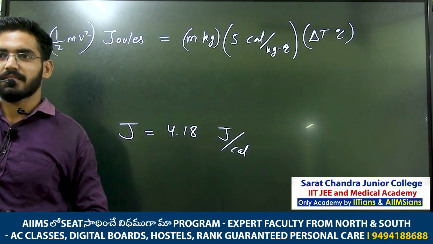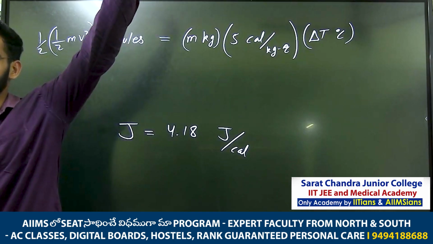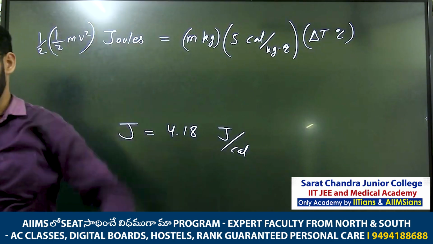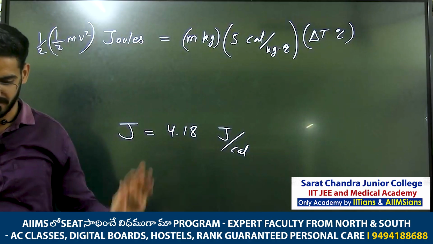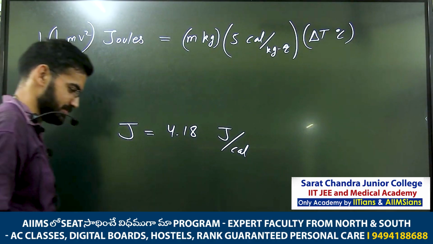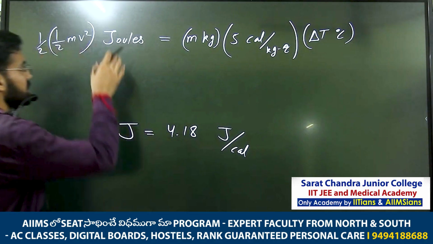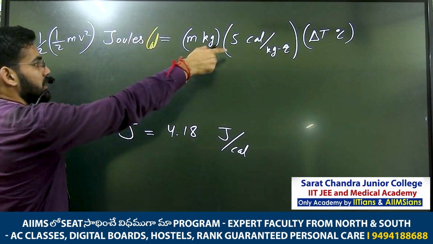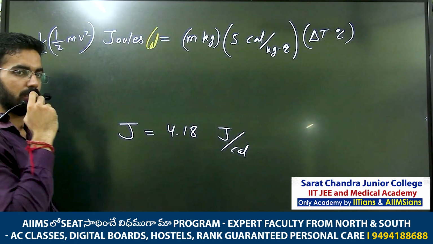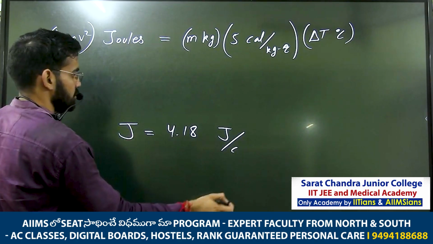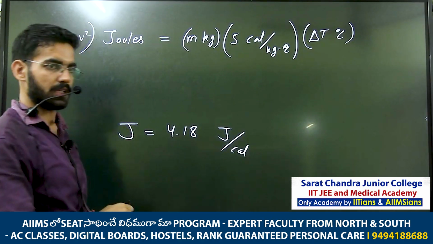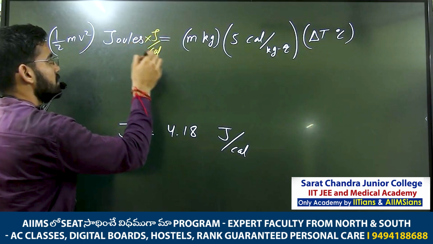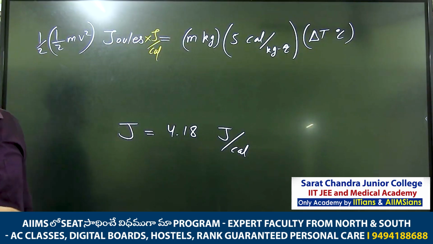Multiply. See here, this is joules, and I want calories because that side has calories. The unit of J is joule per calorie. If I multiply here, it is joule square by calorie, that is not good.